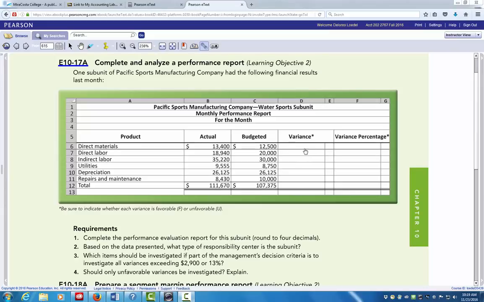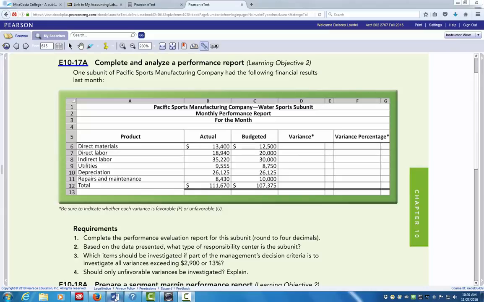Unfavorable variances are going to be where your actual has exceeded your budgeted amount, and then your percentage is your variance amount divided by your budgeted amount, and again will be favorable or unfavorable based on whether actual exceeds budgeted, being unfavorable, or actual is less than budgeted, which would be a favorable variance.